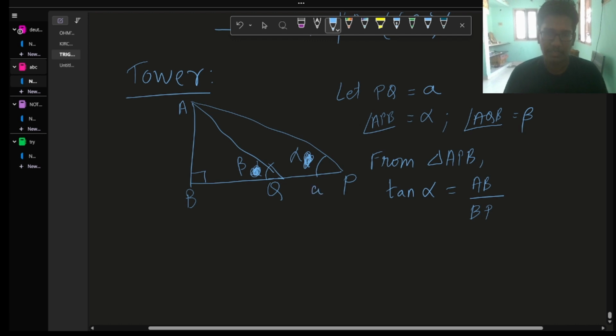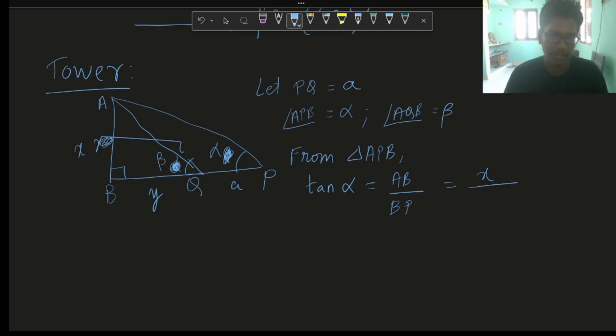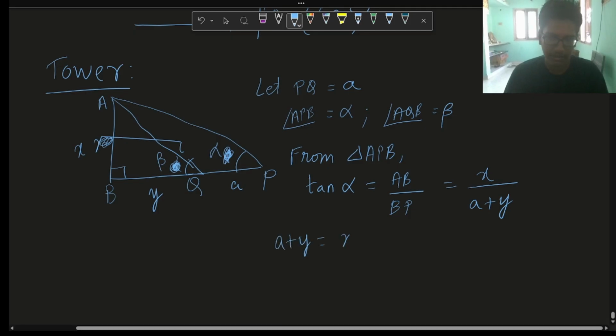Here we mention PQ as a, and let's mention BQ as Y, and AB as X. So tan alpha is X by a plus Y. So a plus Y can be written as X cot alpha.